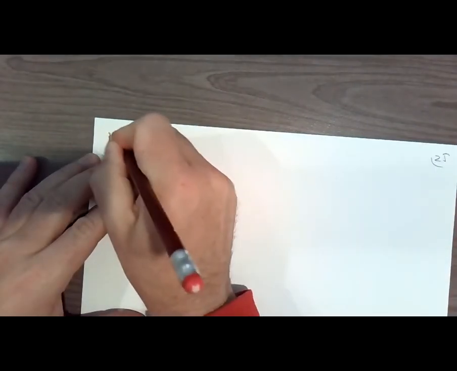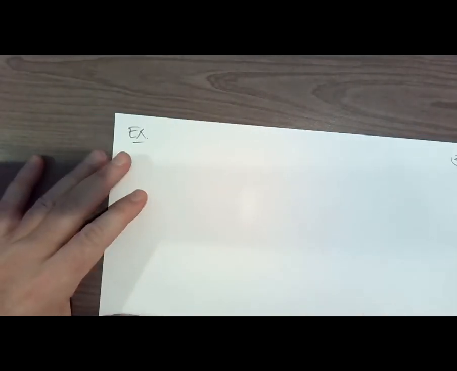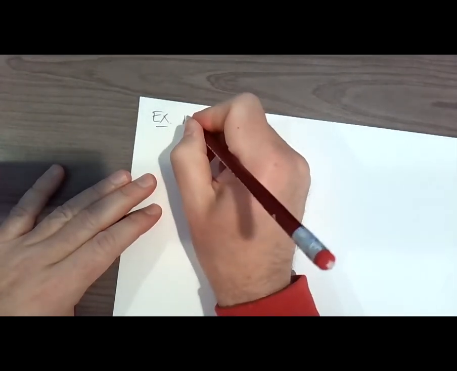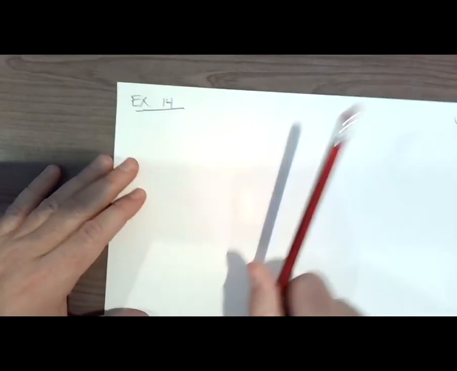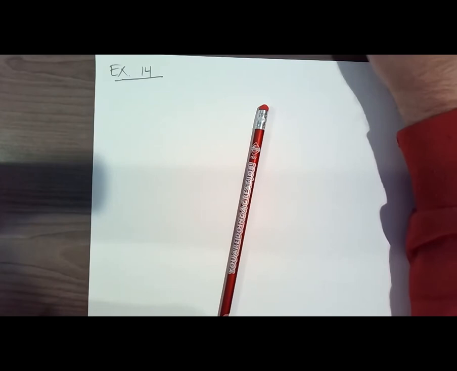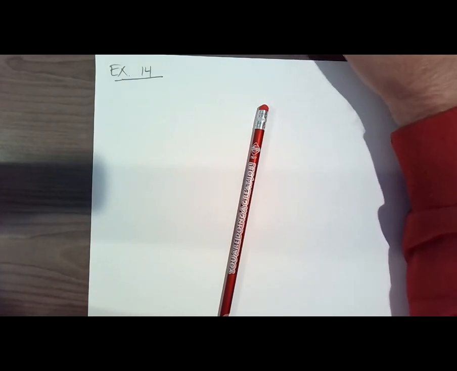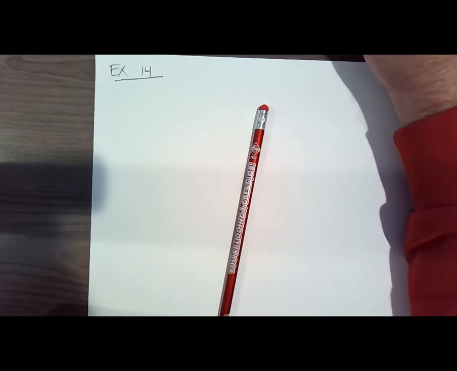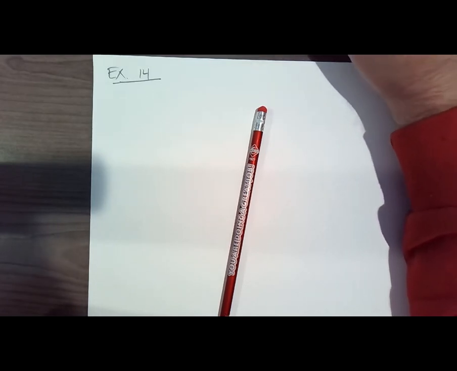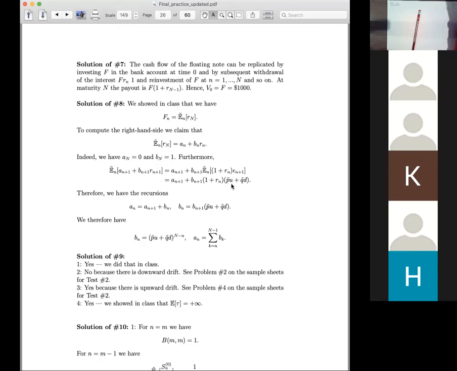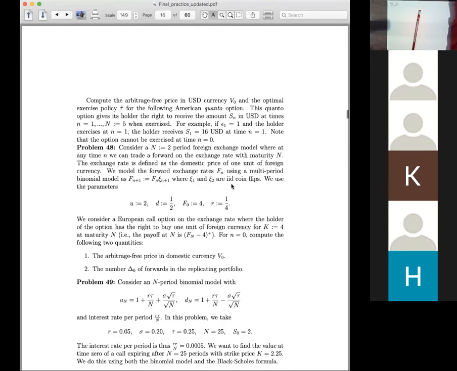This is example 14. So let's bring up example 14.